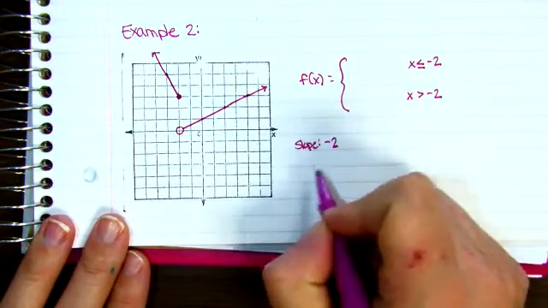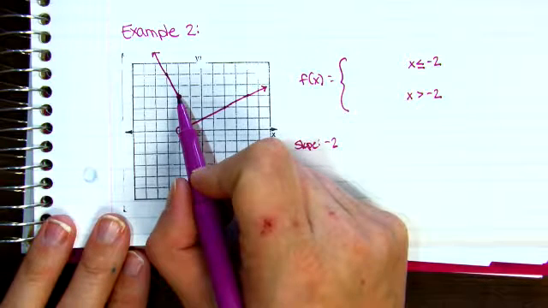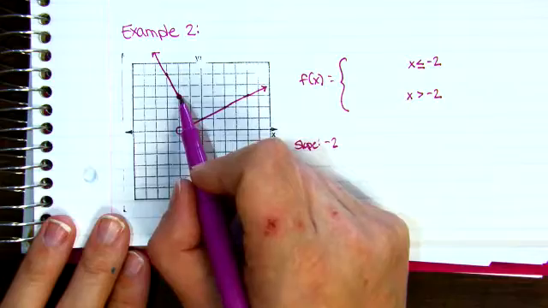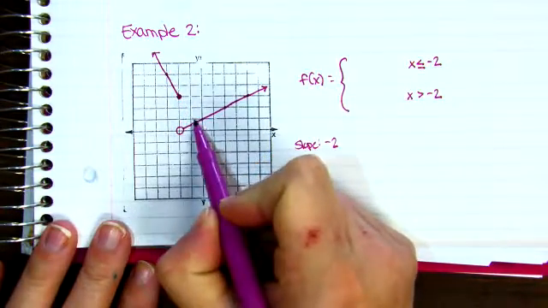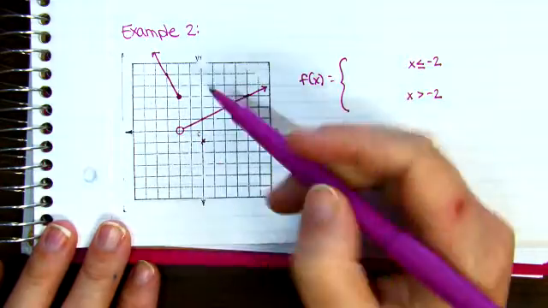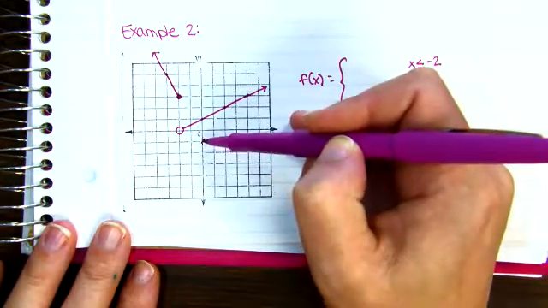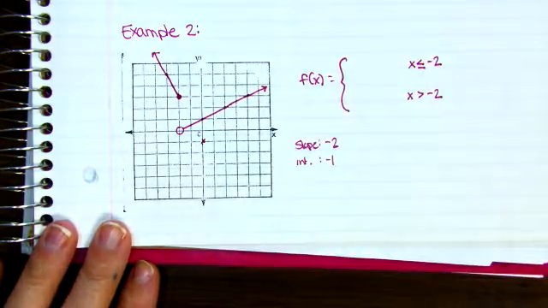I can set up y equals mx plus b, plug in this point for x and y, and then solve for my intercept. Or I could just continue it in my head and just look. If I went down 2 over 1, down 2 over 1, I would intersect the y-axis right here at -1. So my intercept is -1.